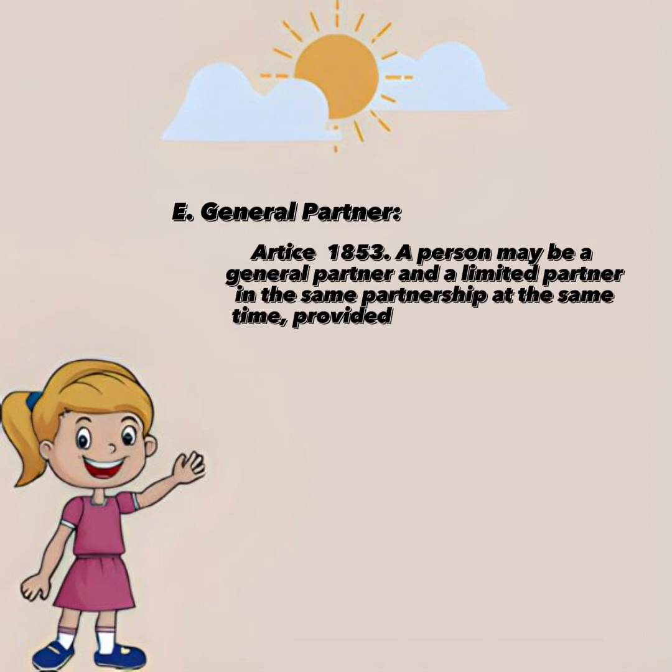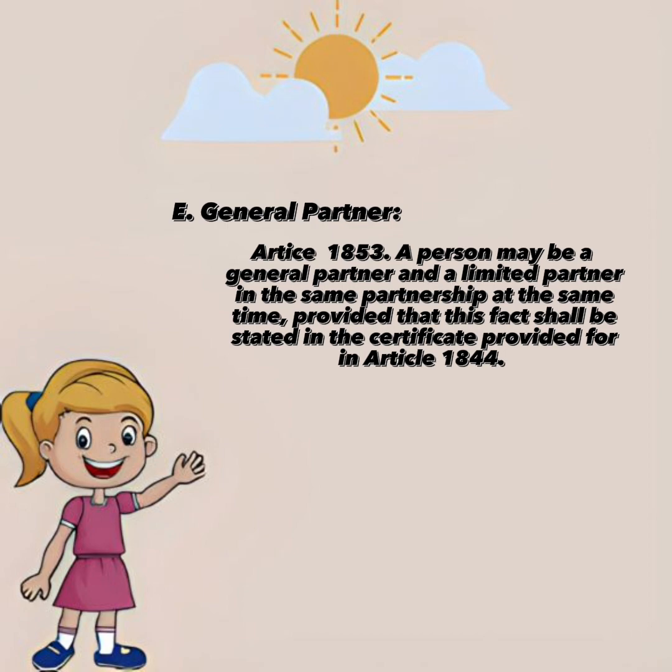Article 1853. A person may be a general partner and a limited partner in the same partnership at the same time, provided that this fact shall be stated in the certificate provided for in Article 1844.